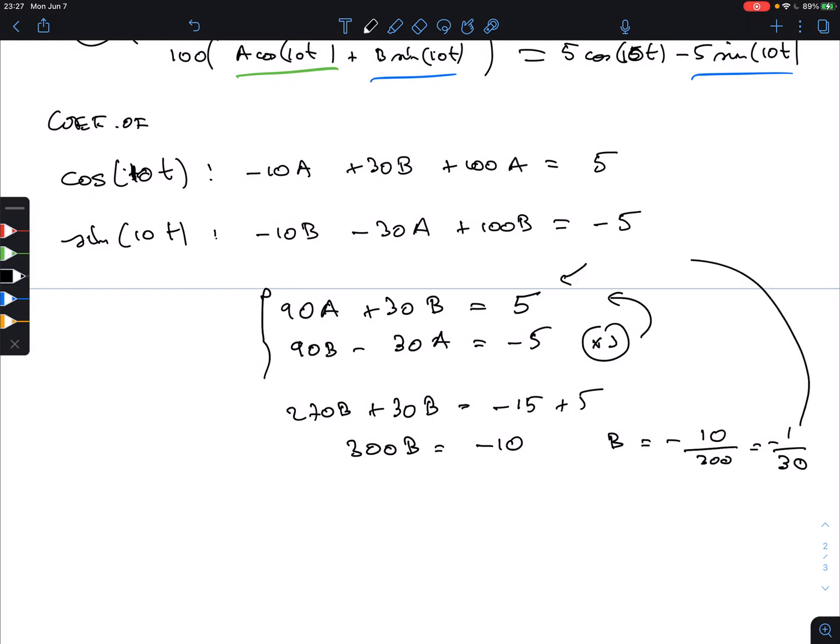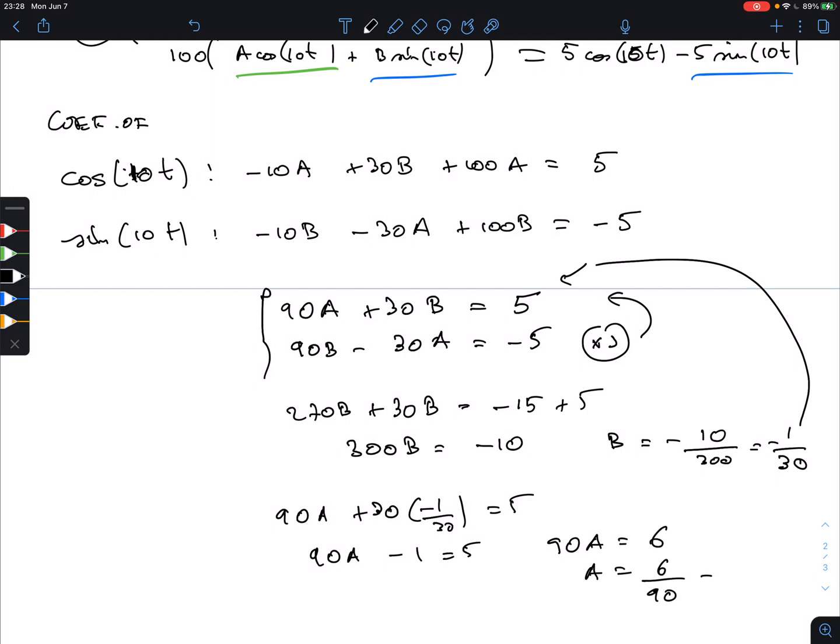So I plug this one in there, I get 90a plus 30 times minus 1/30 is 5. So that is 90a minus 1 equals 5, so 90a equals 6, so a is 6 over 90, which is 2 over 30, no, sorry, is 1 over 15.